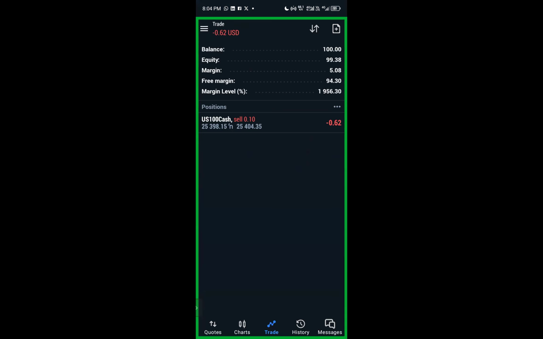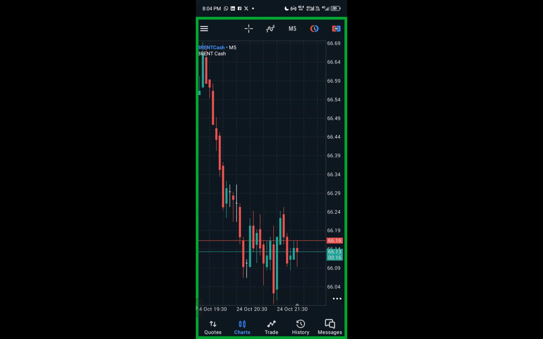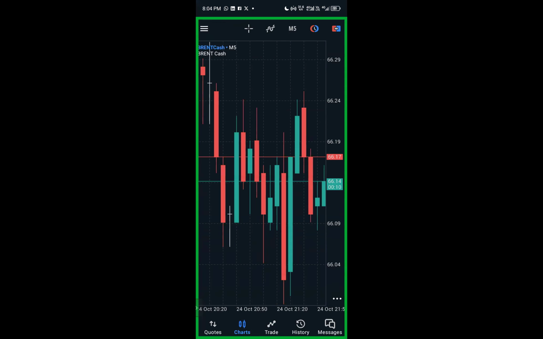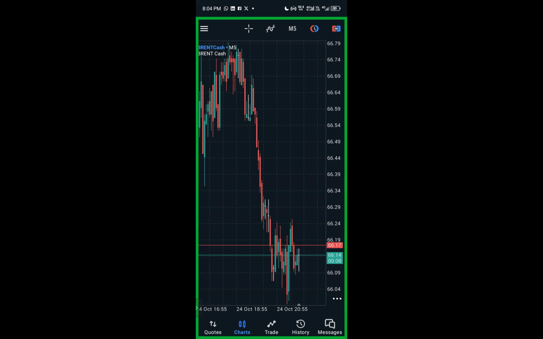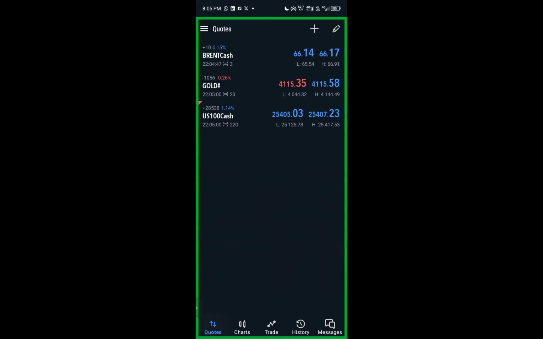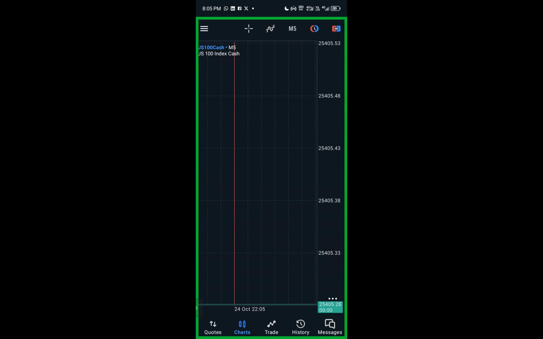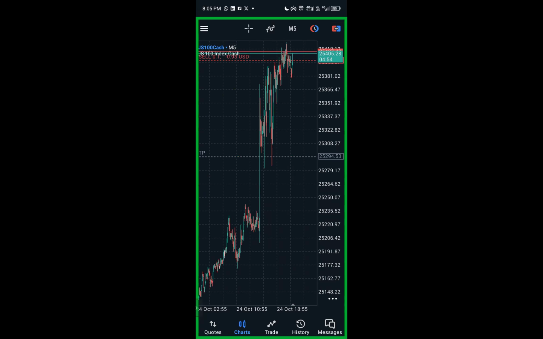Can you see right now? Now go to your chart. This Brent chart you're looking at, go to the Nasdaq.